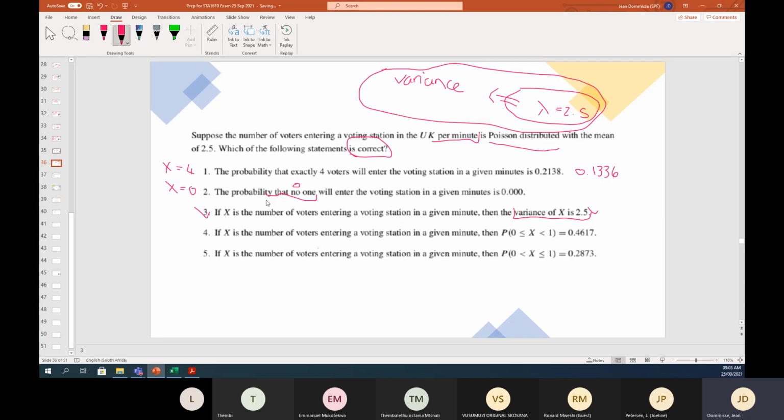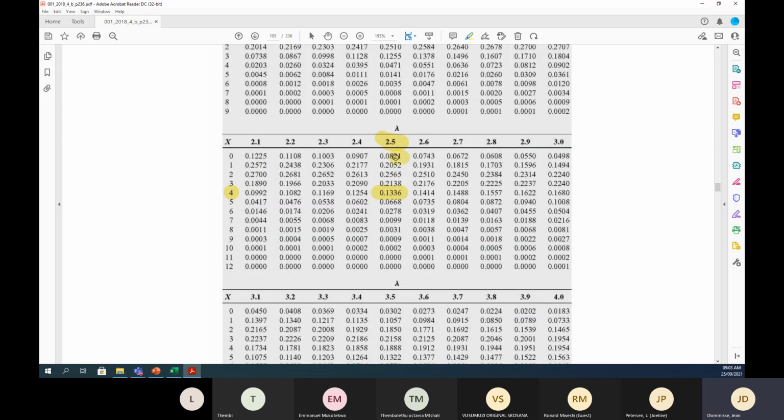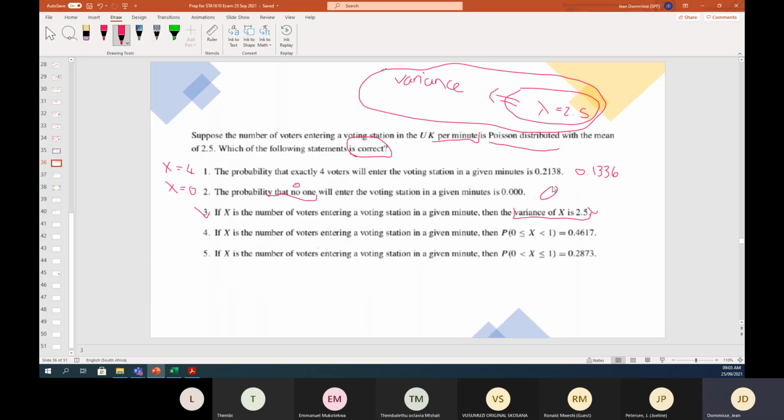Let's look at X equal to 0. That is 0.0821, instead of that. So that is why those two are wrong.